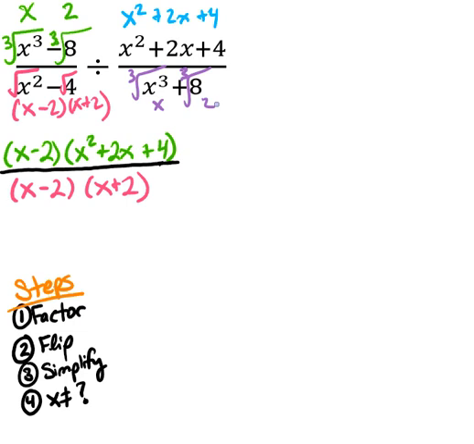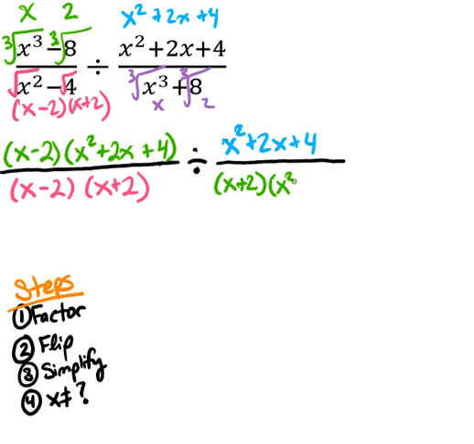So let's go ahead and just write this down, and by this I mean our second fraction. And so we've got the sum of cubes here, x plus 2 times x squared minus 2x plus 4.